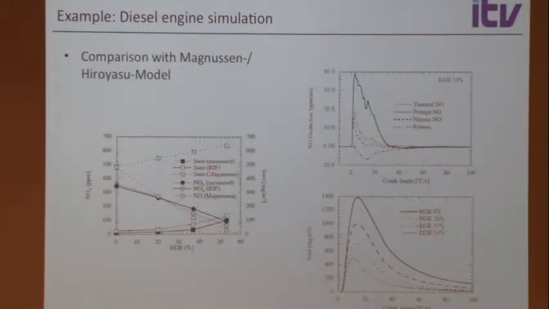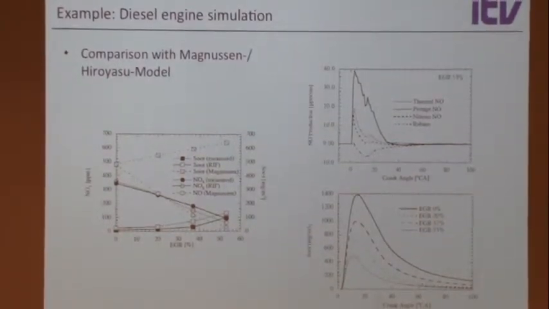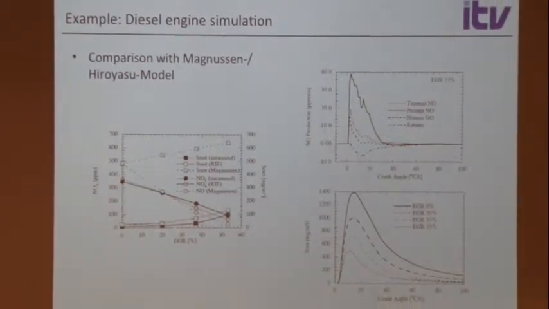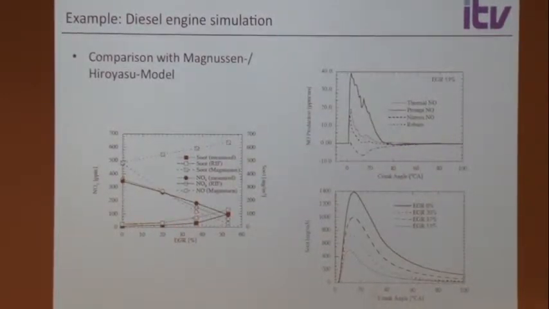Okay, and now if you compare the results with this Magnussen model we talked about earlier, the eddy dissipation model or concept or whatever, then you see here soot, for example. Soot measured is this, and soot computed here was this, and then the Magnussen model gives you this, so it's totally different.